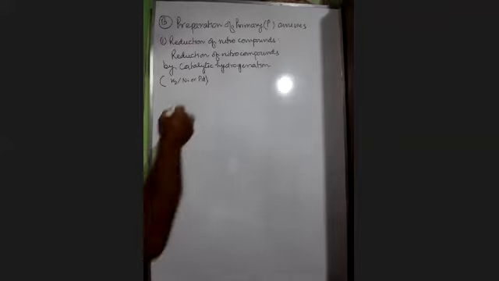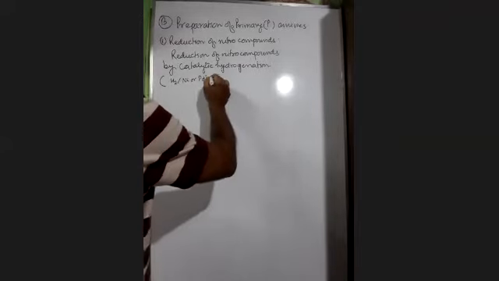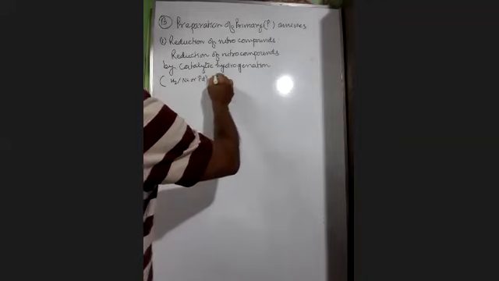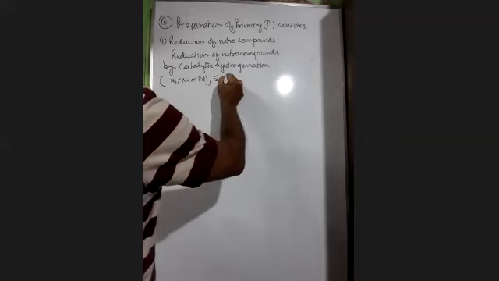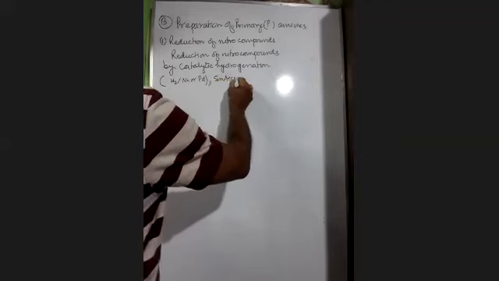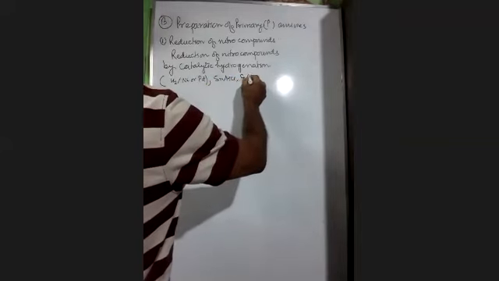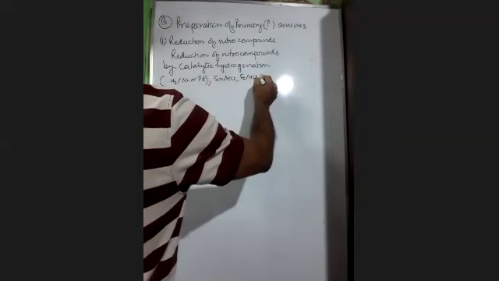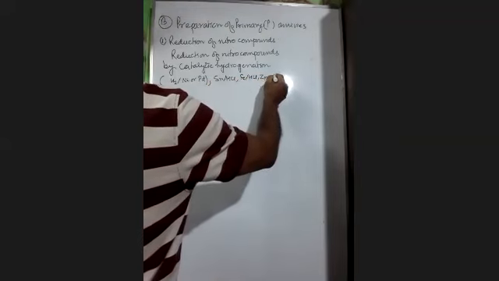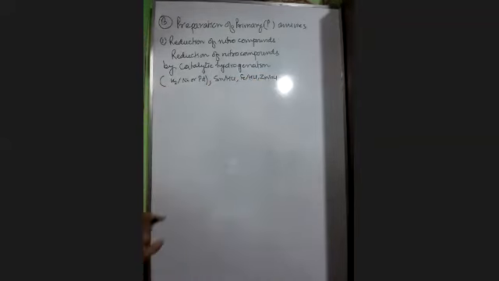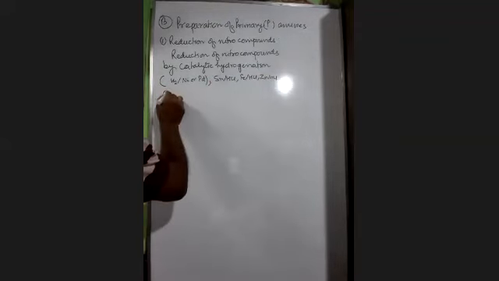Written, comma, tin HCl, iron HCl, zinc HCl. All of them produce nascent hydrogen. Like that.